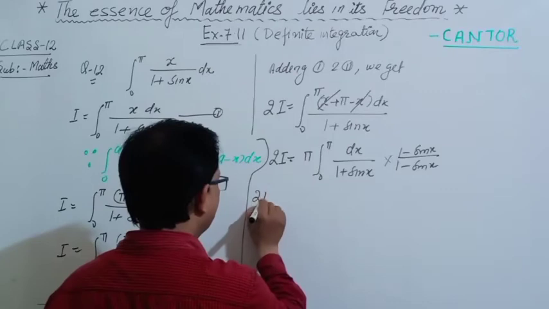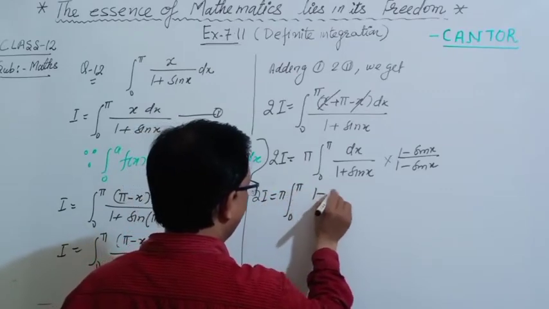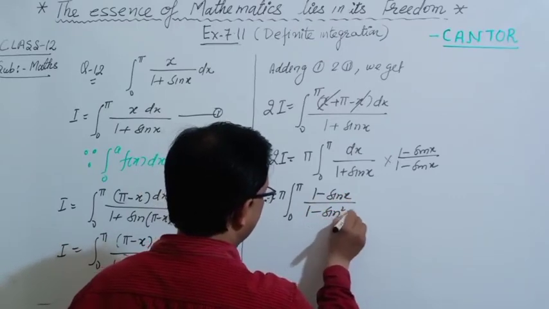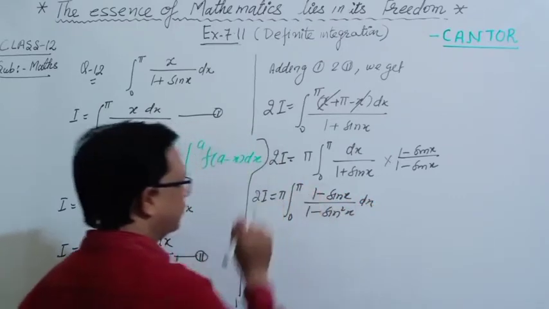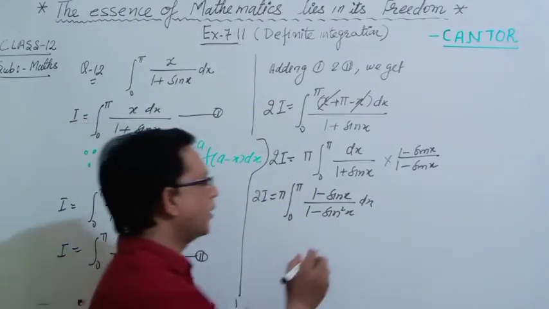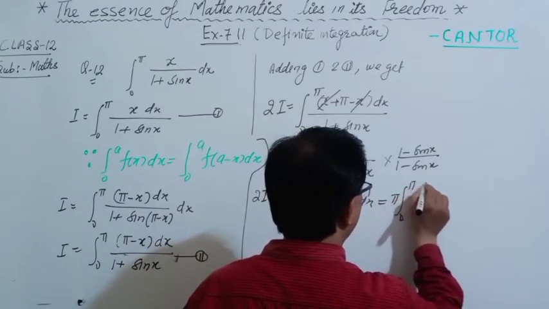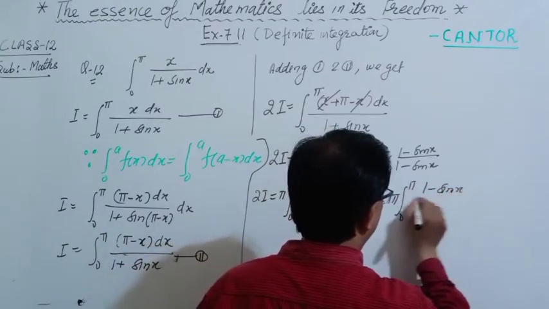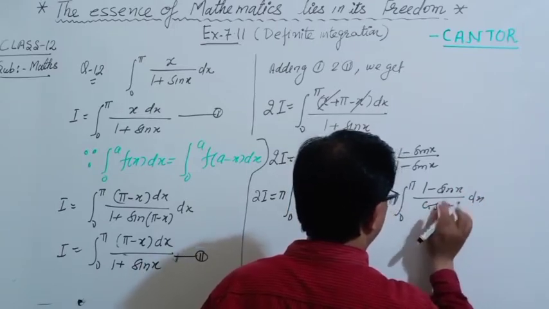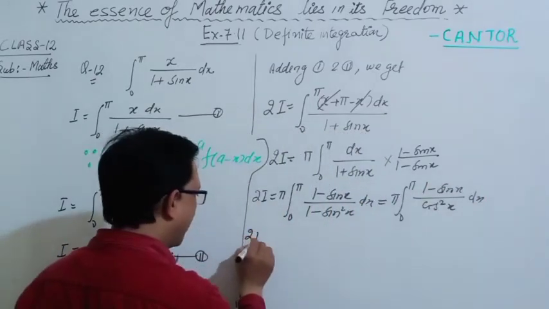So 2I is equal to pi. Here we get 1 minus sin x upon a square minus b square, which means 1 minus sin square x, and 1 minus sin square x becomes cos square x. So this is pi times the integral from 0 to pi of 1 minus sin x upon cos square x. Now we separate our integral into two parts.